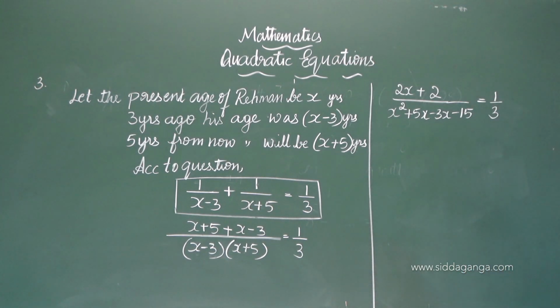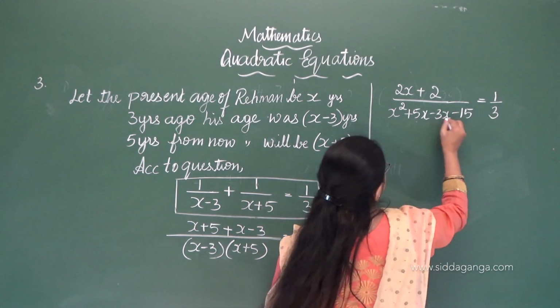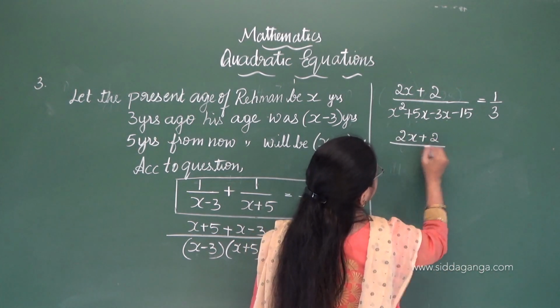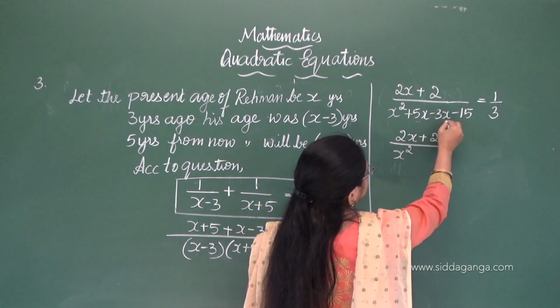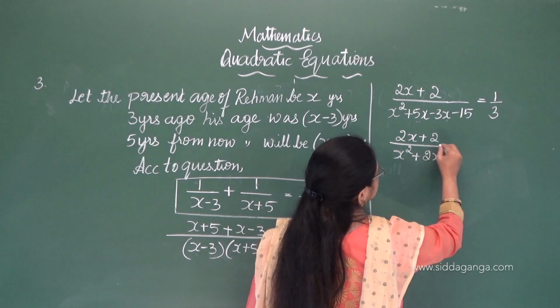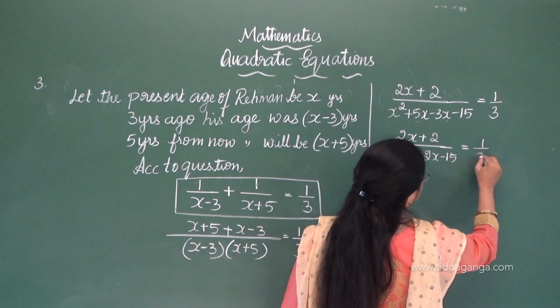Okay. Now 5x and 3x you can simplify, plus 2x minus 15 is equal to 1 by 3.